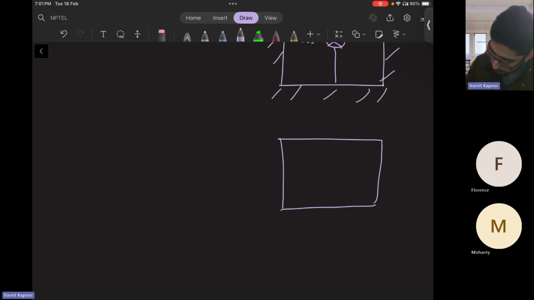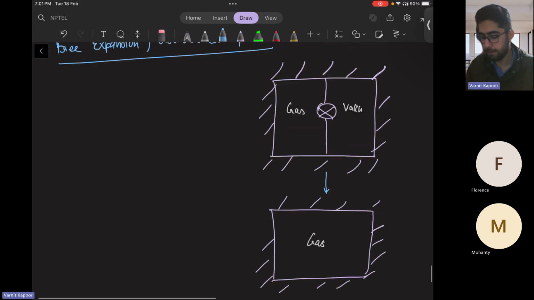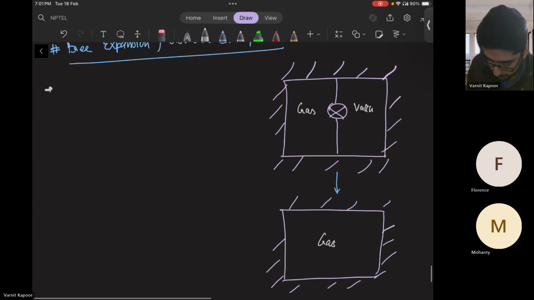This insulated chamber is completely filled with gas. So this happens in the free expansion, against the vacuum. Gas is expanding against the vacuum.